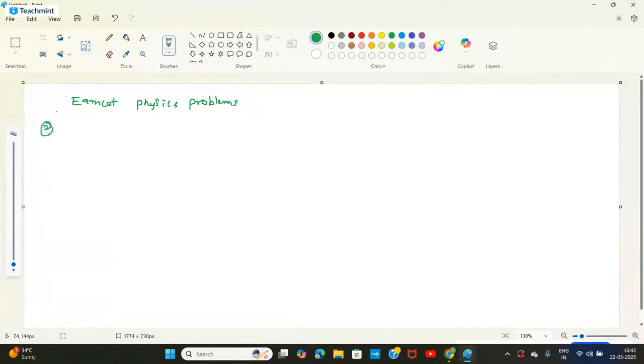And the second question is a Young's double slit experiment.